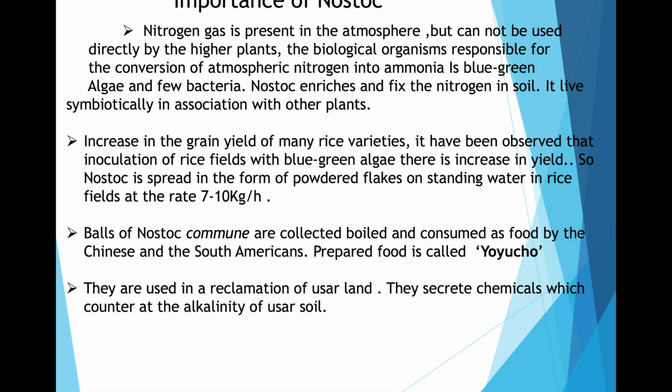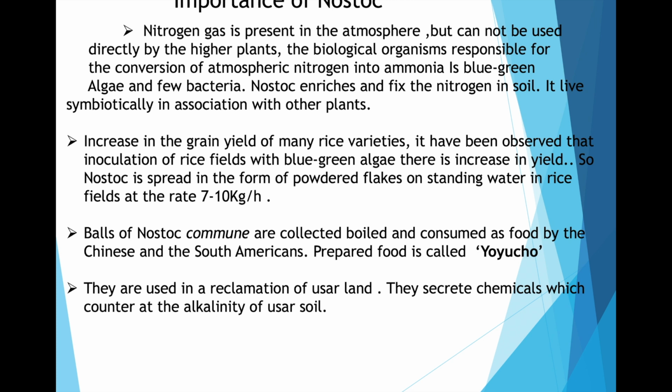Now we'll talk about the importance of Nostoc. Basically, nitrogen gas is present in the atmosphere but cannot be used directly by higher plants. The biological organisms responsible for the conversion of atmospheric nitrogen into ammonia are blue-green algae and a few bacteria, which help in fixing nitrogen in the soil.